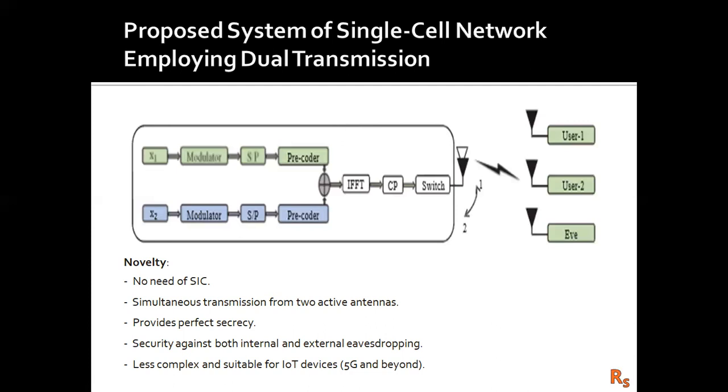The goals can be such as to make it secure, to avoid interference between the users, to avoid successive interference at users, because we want to shift all the complexity to the base station so that it can be used in low computational IoT devices, and there is no complexity at the receiver side, unlike the conventional power domain NOMA discussed in the previous lecture.